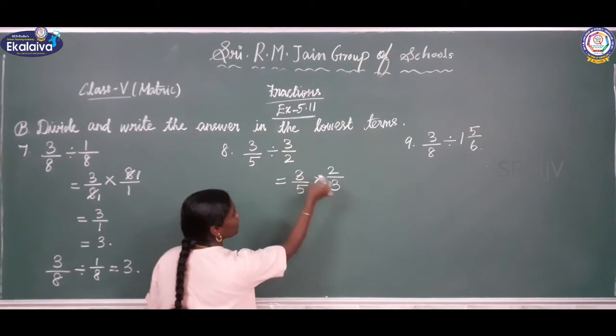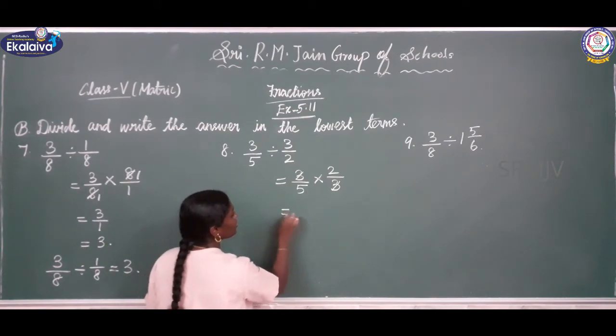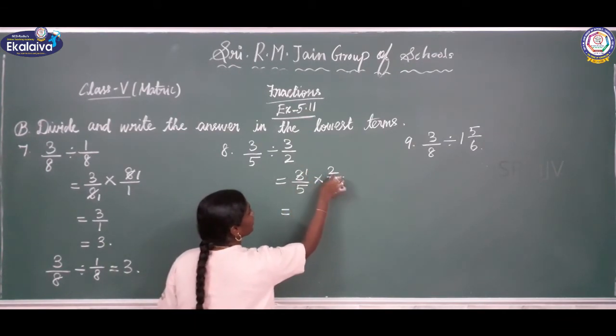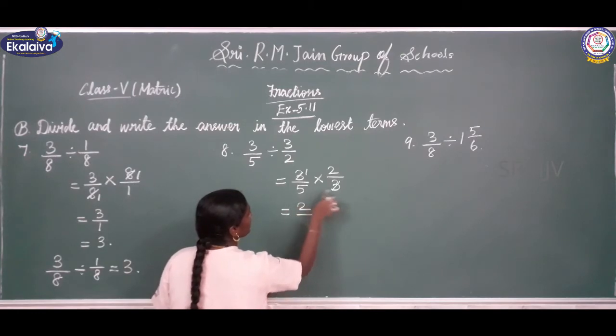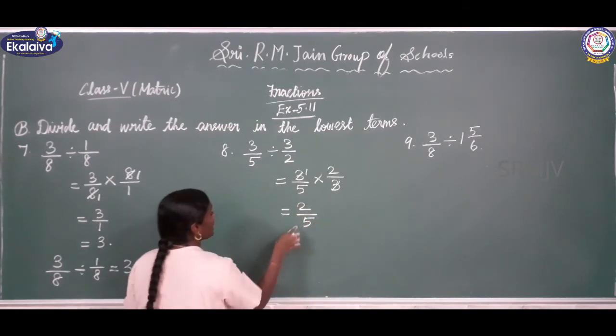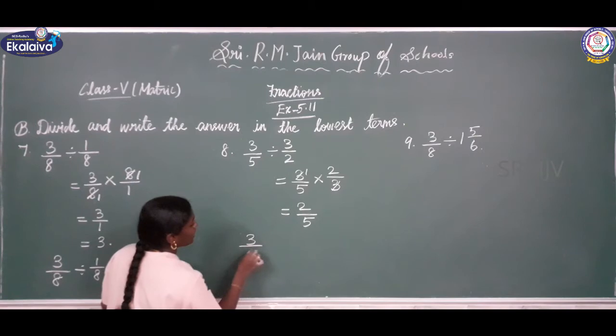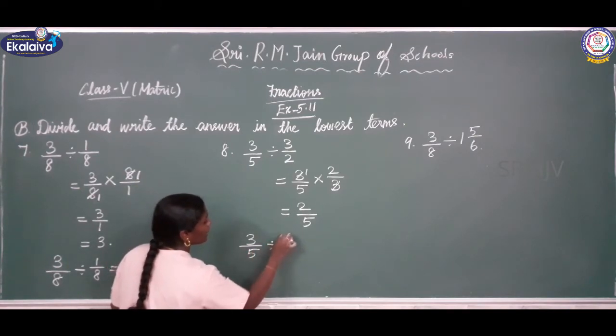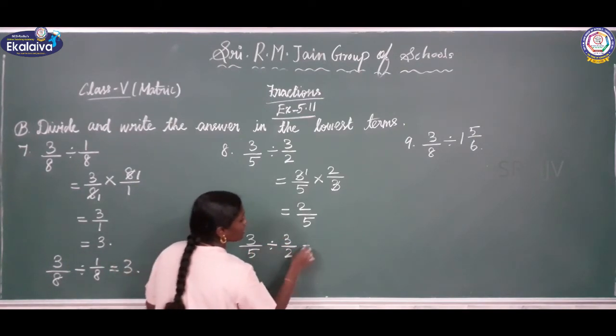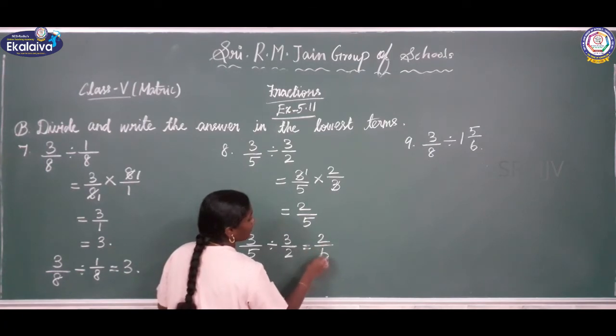We can cancel the number 3 and 3. Here in numerator 2, 5. Here there is no possibility to reduce. So 1 into 2, 2, denominator 5. So the answer is 2 by 5. 3 by 5 divided by 3 by 2 is equal to 2 by 5.